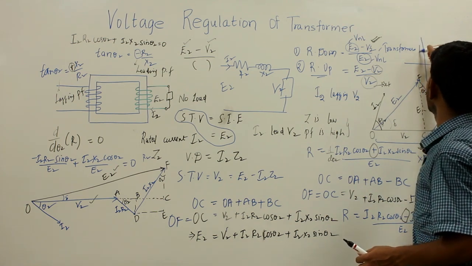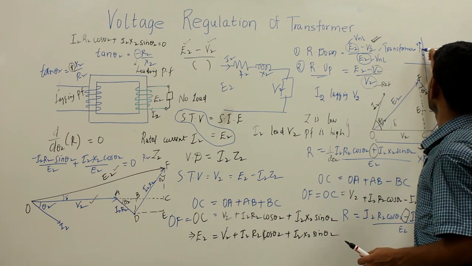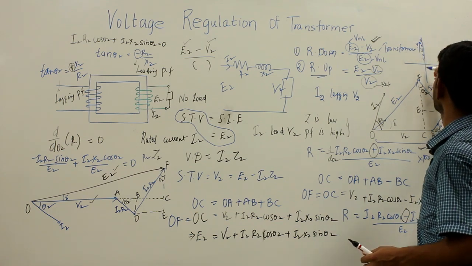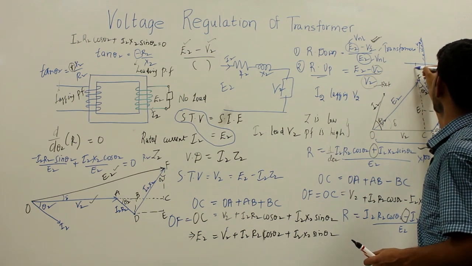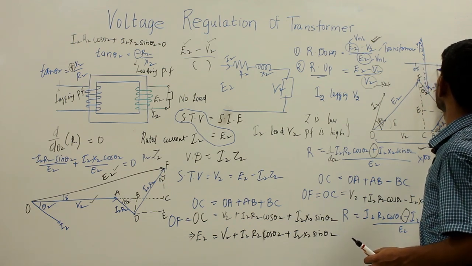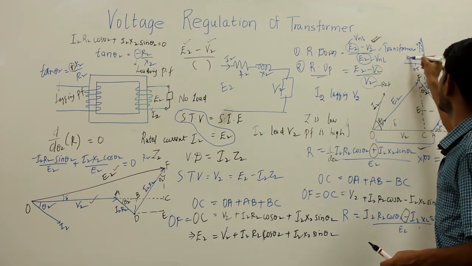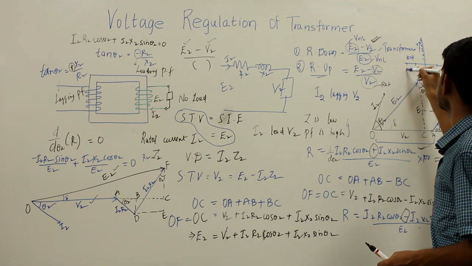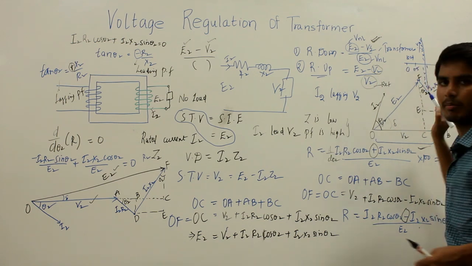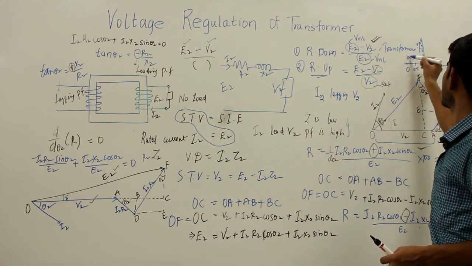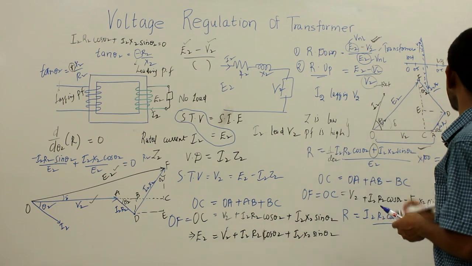This is my percentage voltage regulation axis, 1, 2, 3, 4, 5, and this is the power factor axis, with 0.5, 0, and power factor 1; this side is the leading power factor and this side is the lagging power factor.